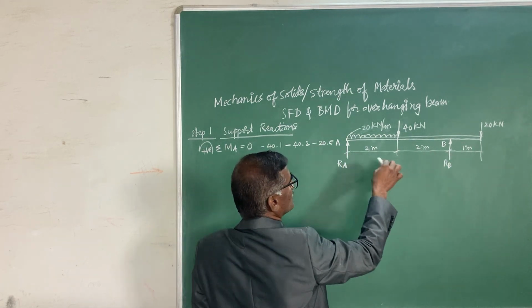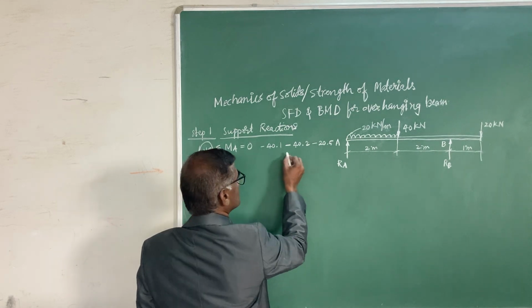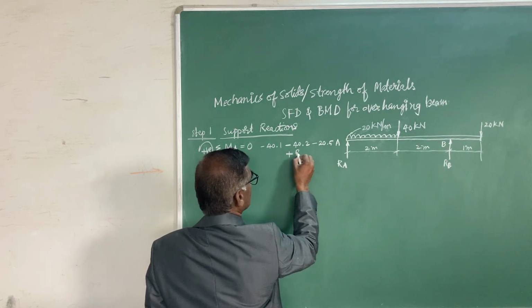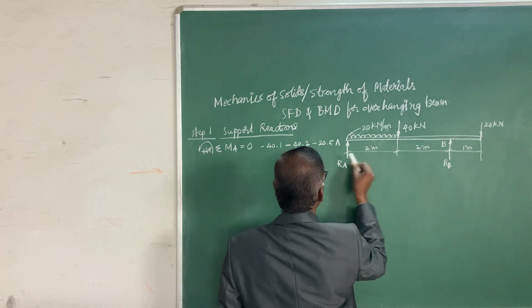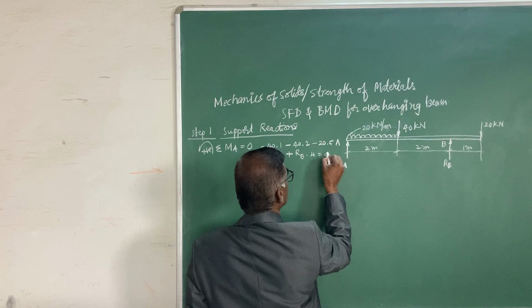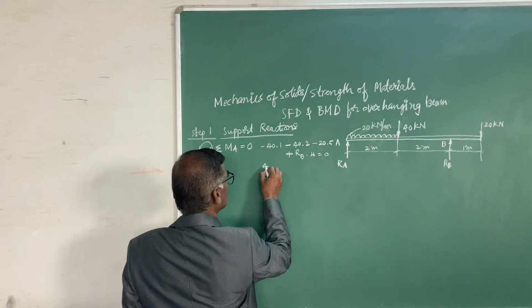So these are the 3 loads contributing clockwise turning effect, and negative, and the support reaction RB is plus, contributing anti-clockwise, RB into moment arm 2 plus 2, 4, equals 0. This is your moment equation. Calculate RB.